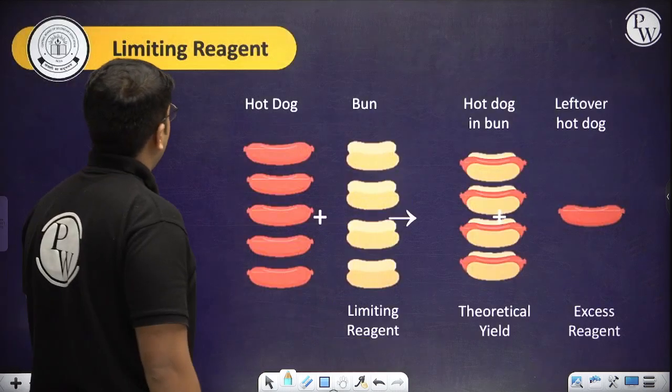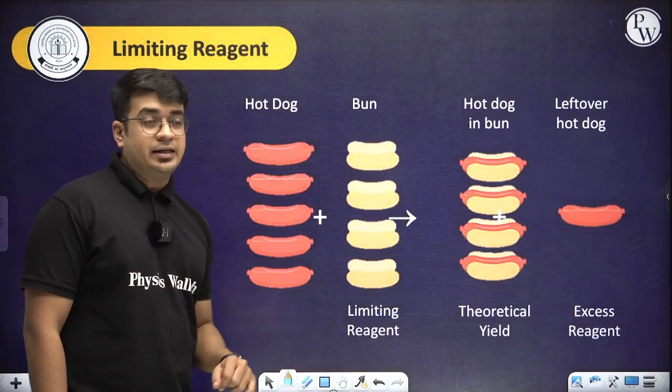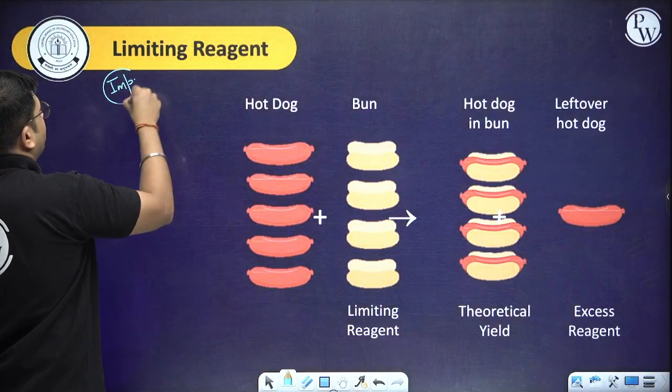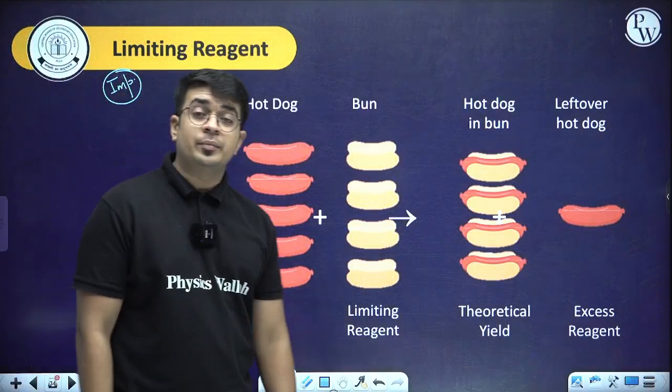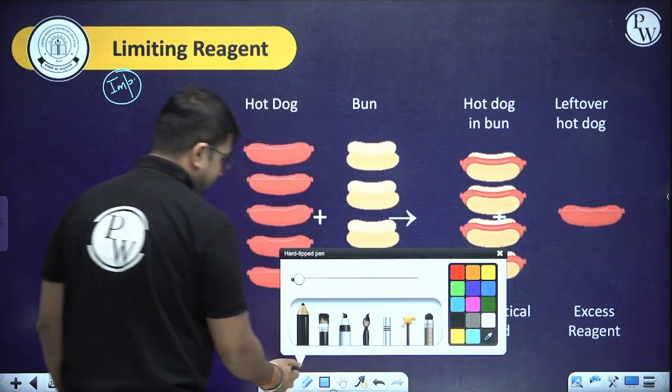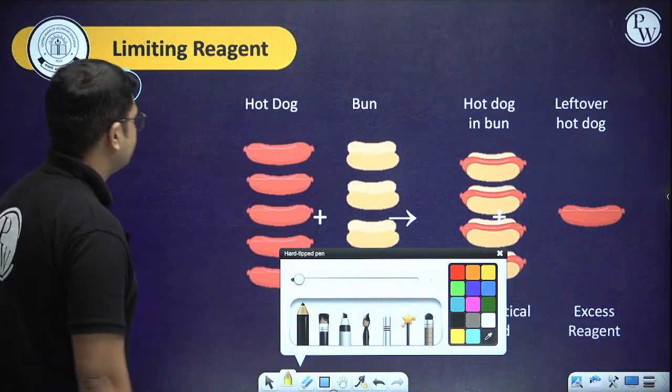Now next part is quite interesting, and this is the most important one. Just remember, this is the most important one. That is the concept of limiting reagent. Now, how to differentiate between mole analysis and limiting reagent? The idea is very simple.